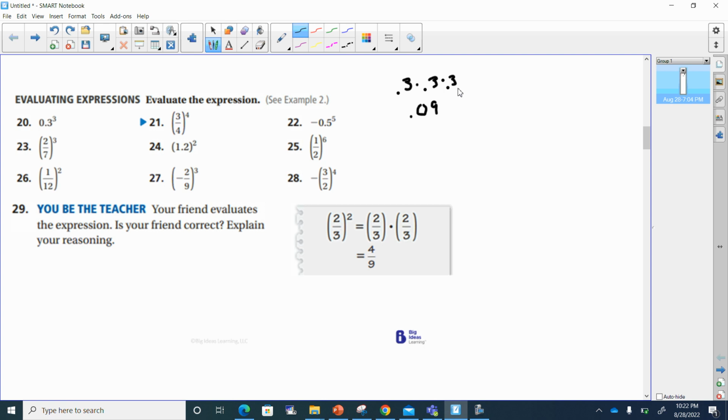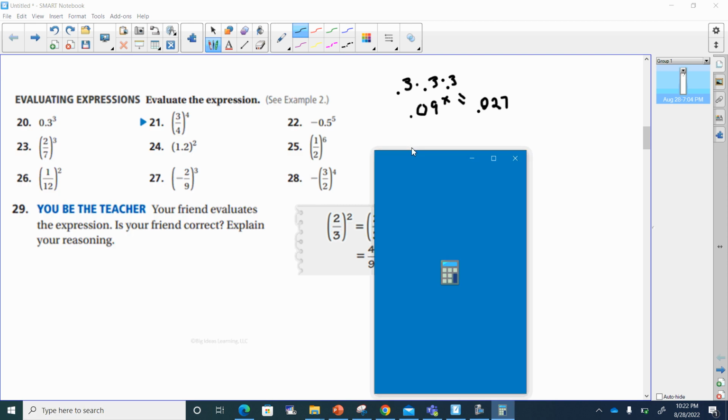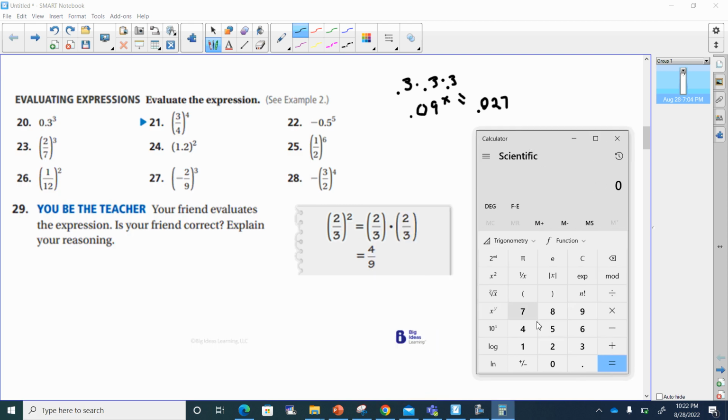Times 0.3, that's going to equal 0.27. Okay, we'll double check it with the calculator. 0.3 times 0.3 times 0.3, 0.027. All right, let's move on.